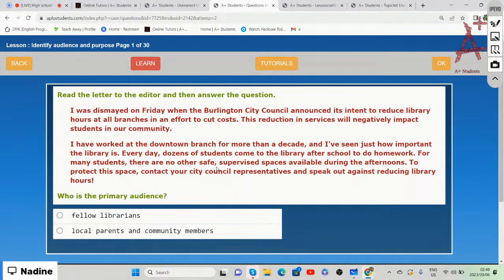However, they are mainly saying that the kids are making use of the services, like doing schoolwork or homework after school.